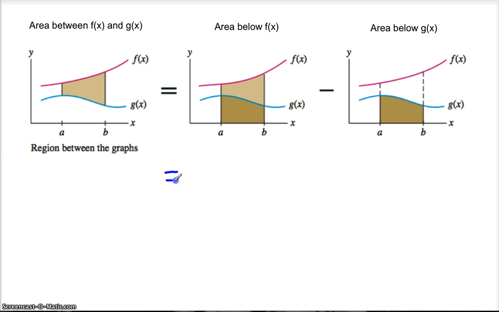In video lesson 1, we went through many examples, and we used this formula. In this example, the area below f of x, from a to b, would be F of b subtract F of a.